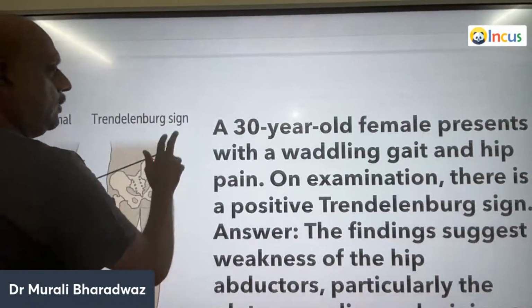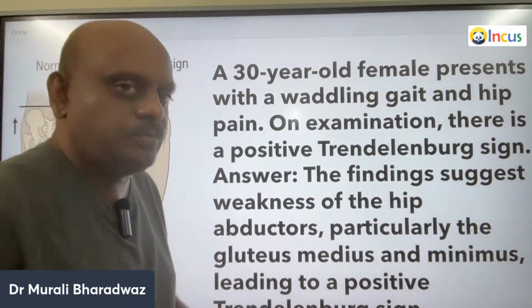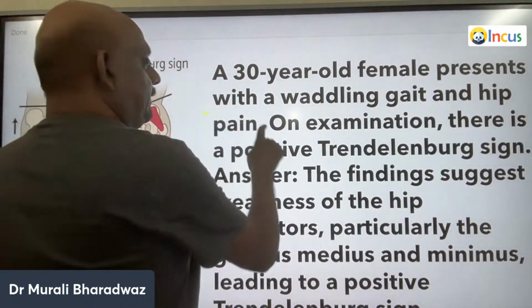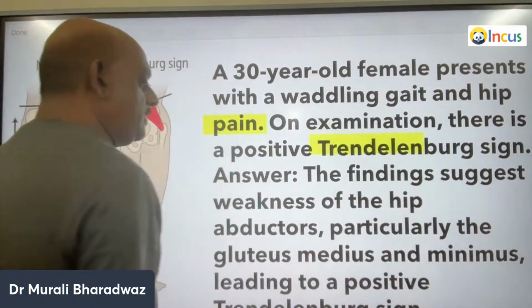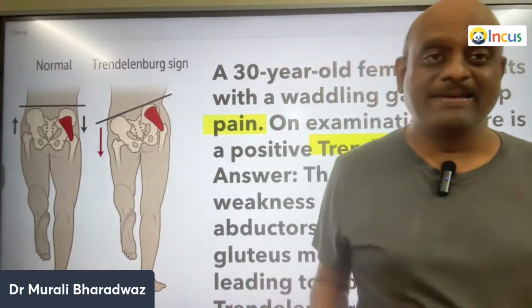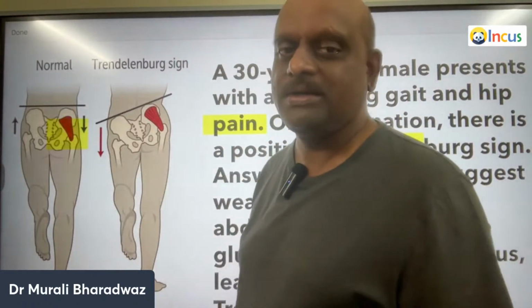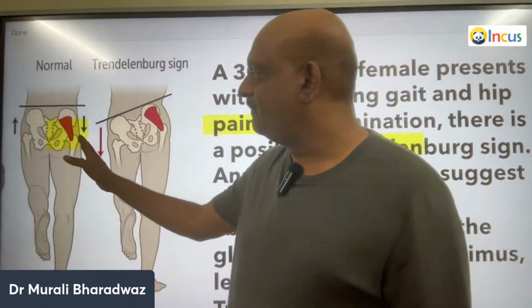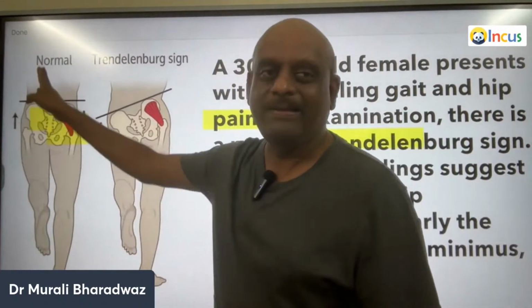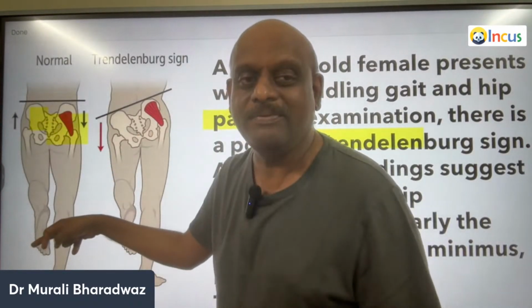Now, a 30-year-old female presents with a waddling gait, like a duck walking. There is hip pain, there is a Trendelenburg positive. Typically it occurs whenever the gluteus medius or minimus is weak. As you know very well, the gluteus medius and minimus on this side pull down so that side of the pelvis doesn't sink when the leg is unsupported.